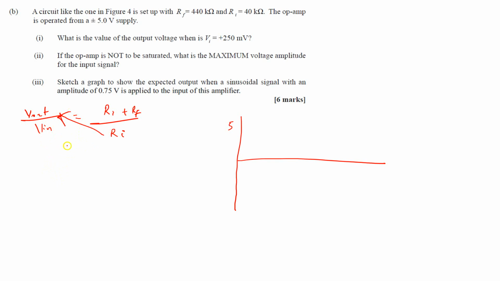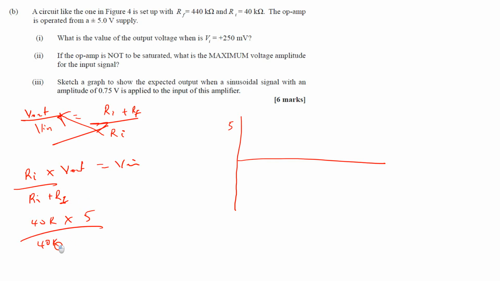So R1 times V out divided by R1 plus Rf is equal to V in. By putting in those values, we have 40K times V out, which is 5, divided by 40K plus 440K. That will tell me V in.